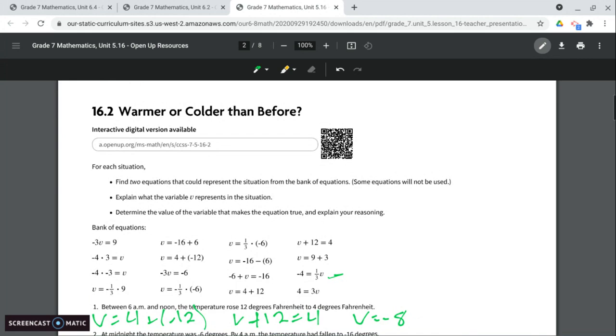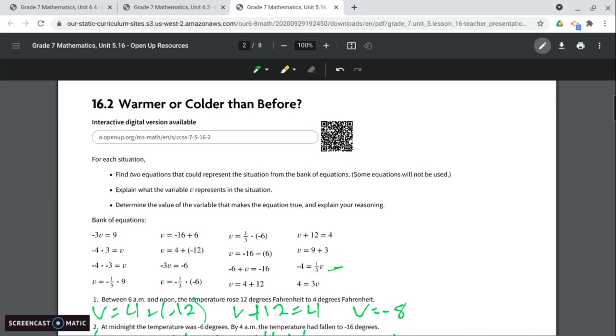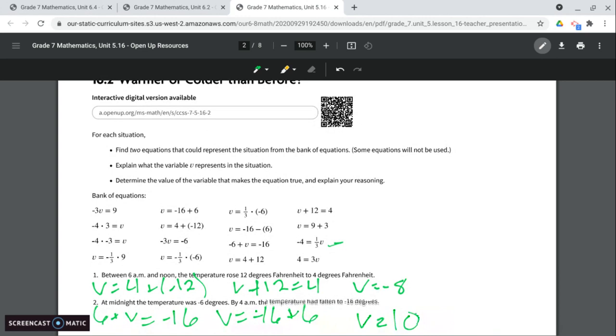which would be our original temperature that we had before the rise. Our next situation, at midnight, the temperature was negative 6 degrees. By 4 a.m., the temperature had fallen to negative 16 degrees. So we knew what the temperature was, and then we know it falls. So we're taking negative 6, we're adding something to it to get down to negative 16. So our equations are 6 plus v equals negative 16, and v equals negative 16 plus 6.